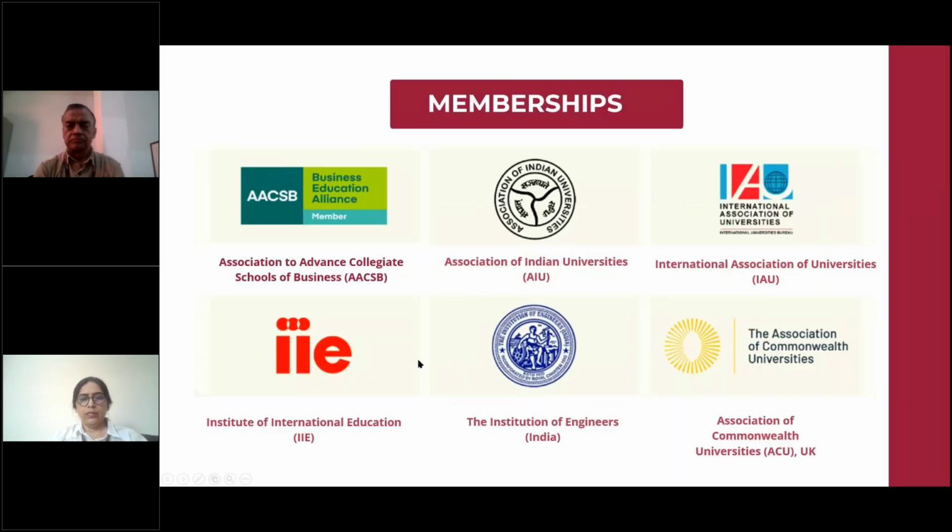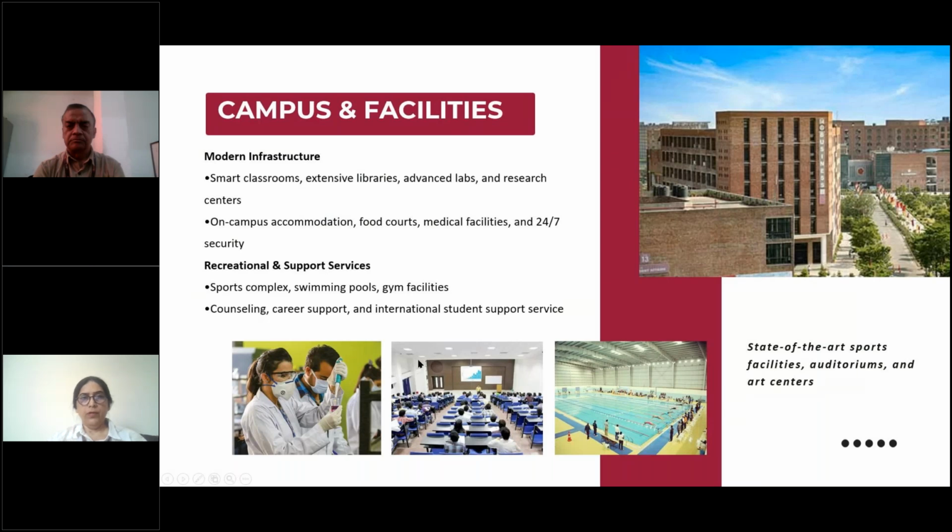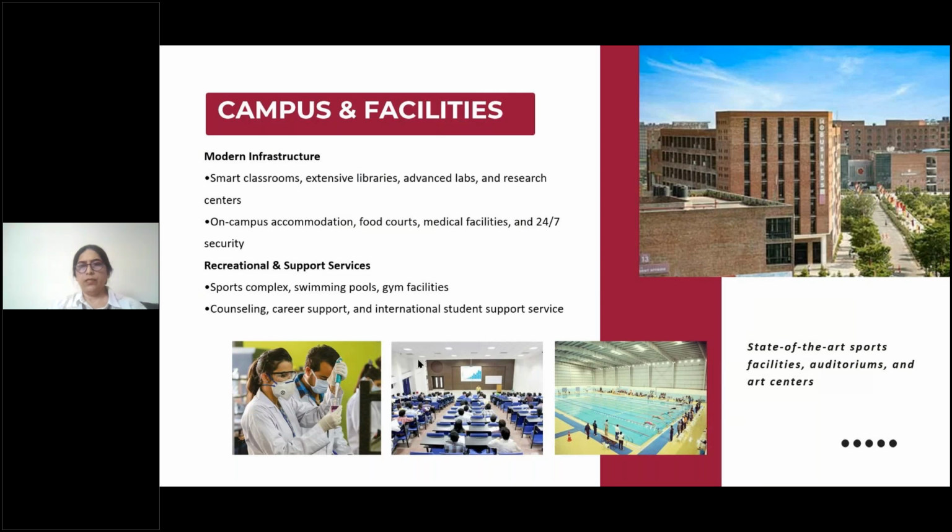If I'm talking about campus and facilities, we have smart classrooms, state-of-the-art labs, and, you can say, center of excellence labs. And in accommodation, we have standard rooms as well as apartments. So we have world-class facilities.